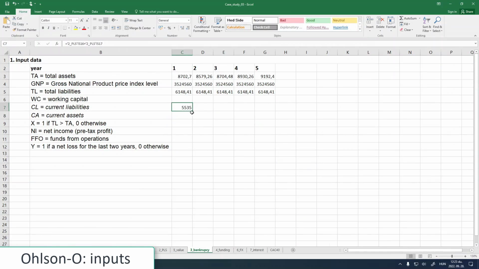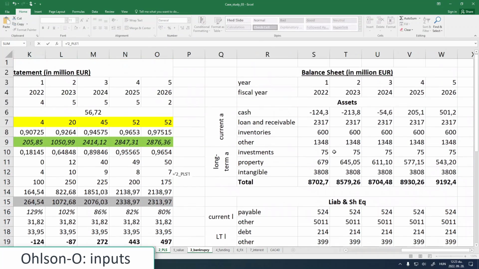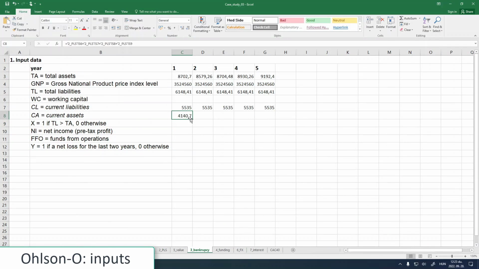I don't like this other, but this is what we have here. And of course, there will be another category here as well, so hopefully they will balance each other out. Current assets minus current liabilities. Okay, they are not balancing each other out too much, but still something.